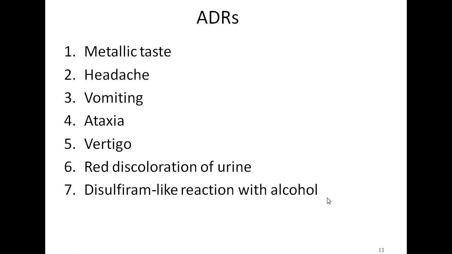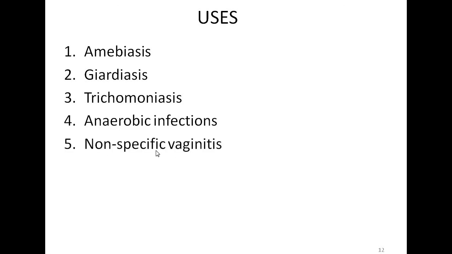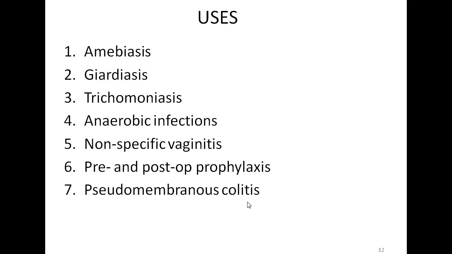This is more so in the case of metronidazole. Coming to the uses. Used in amoebiasis, Giardiasis, Trichomoniasis, anaerobic infections, non-specific vaginitis, pre- and post-operative prophylaxis, pseudomembranous colitis. These are the uses of metronidazole, ornidazole, tinidazole, secnidazole, and satronidazole.